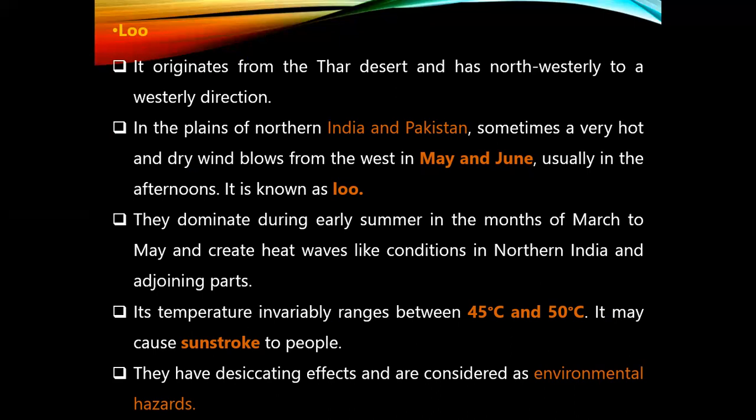It is known as Loo winds. They dominate during early summer, in the months of March to May, and create heat wave conditions in North India and adjoining parts. Its temperature invariably ranges between 45 and 50 degrees Celsius.